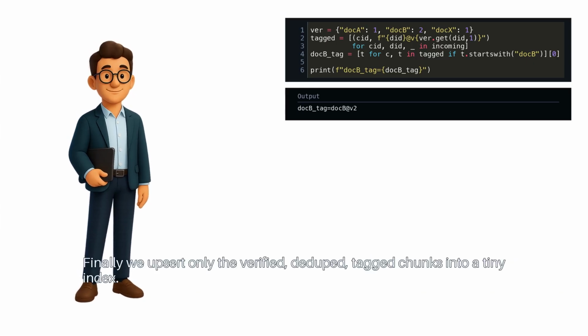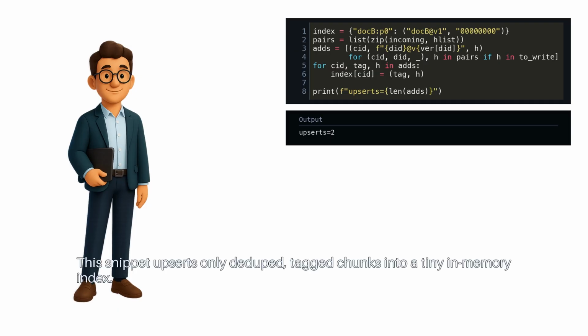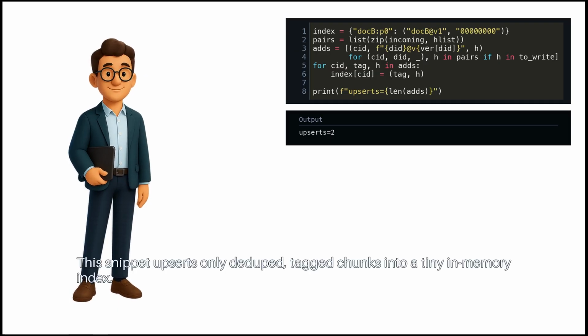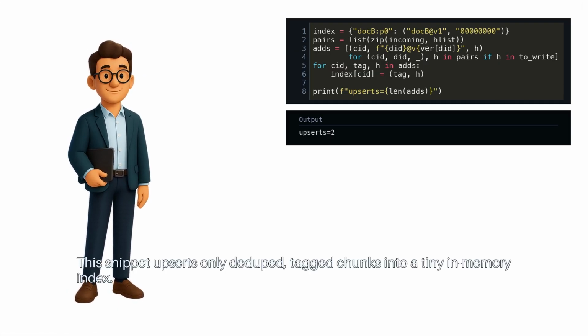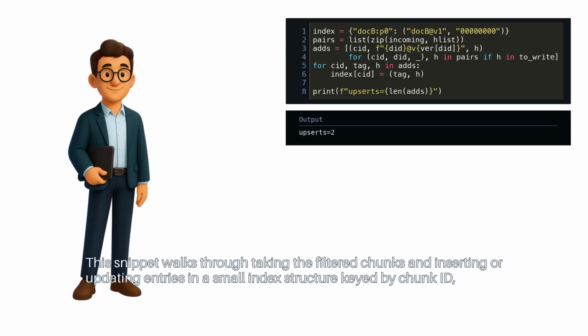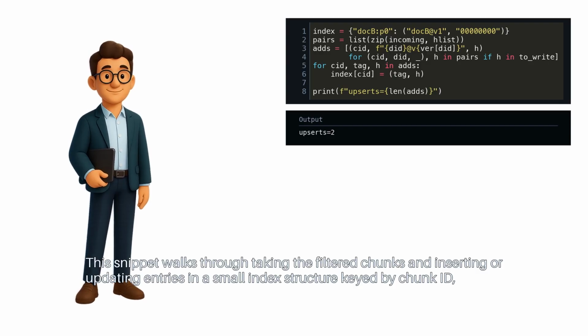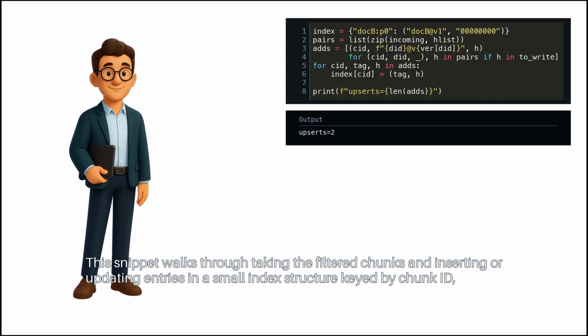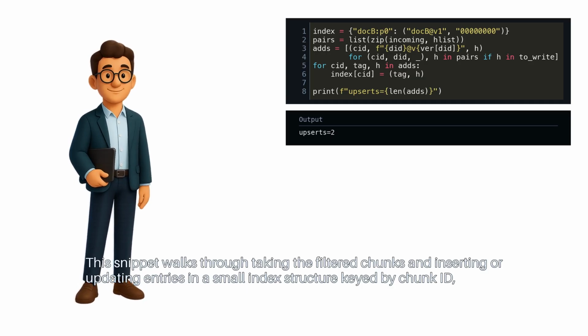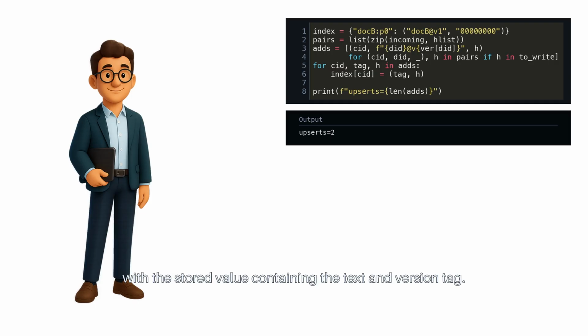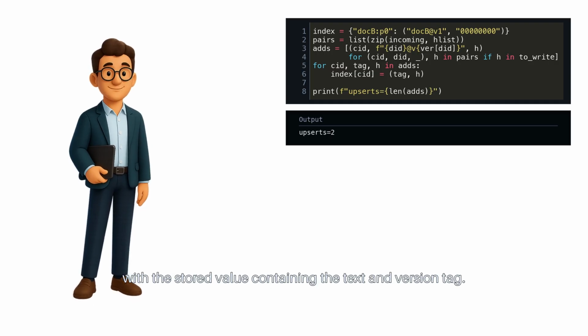Finally, we upsert only the verified, deduped tagged chunks into a tiny index. This snippet upserts only deduped tagged chunks into a tiny in-memory index. This snippet walks through taking the filtered chunks and inserting or updating entries in a small index structure keyed by chunk ID, with the stored value containing the text and version tag.